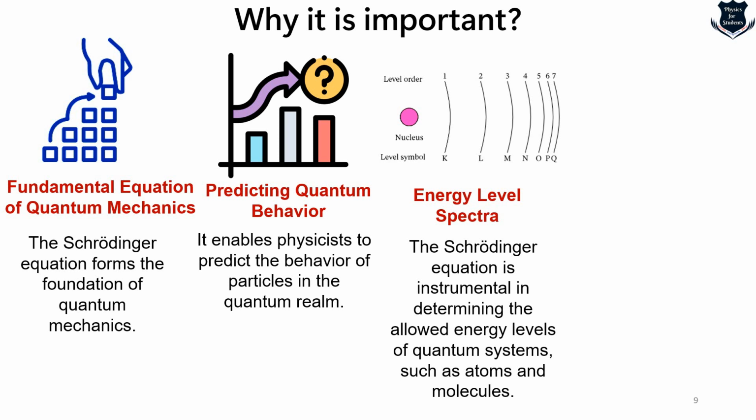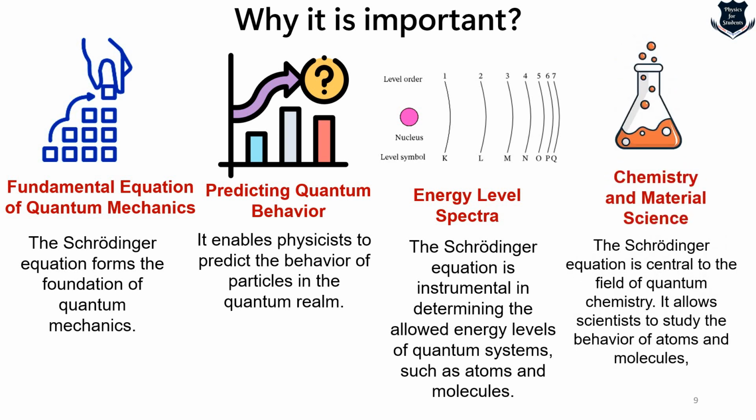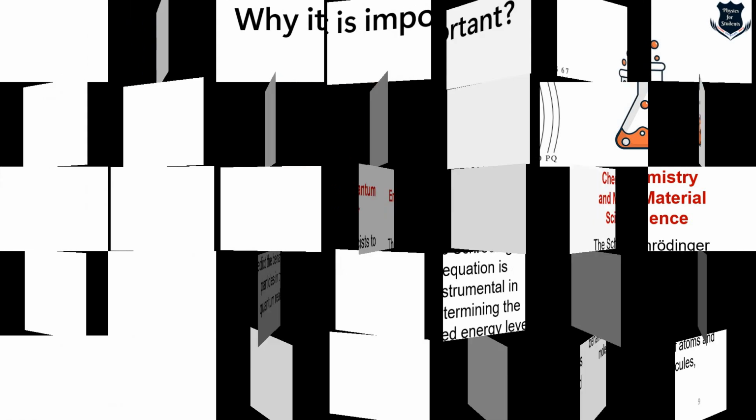So it explains the quantization of energy, which is a fundamental concept in quantum physics, and it underpins the understanding of atomic and molecular spectra. Chemistry and material science: yes, this equation is central to the field of quantum chemistry because it allows scientists to study the behavior of atoms and molecules, predict chemical reactions, and understand the electronic structure of materials. This knowledge is crucial for advances in material science, drug discovery, as well as chemical engineering.